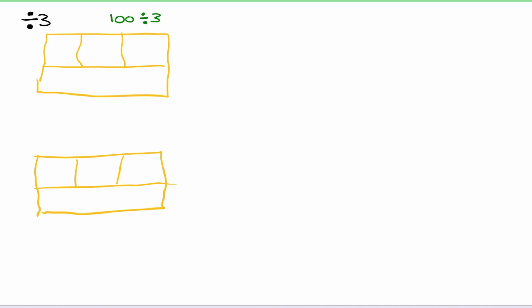What I really wanted him to focus on was the fact that he didn't even need to do the short division algorithm to start with. If that's not where we're at, that's okay. If I've got 100 to share into 3 equal groups, first of all, what could I start with? Well, I would expect them to at least be able to say 30, 60, 90. So there's the 30 and 60, 90, that's to start with.